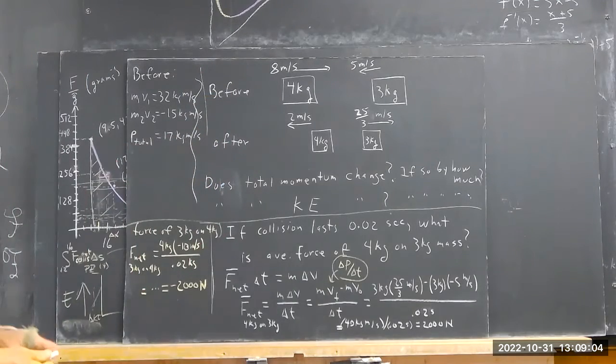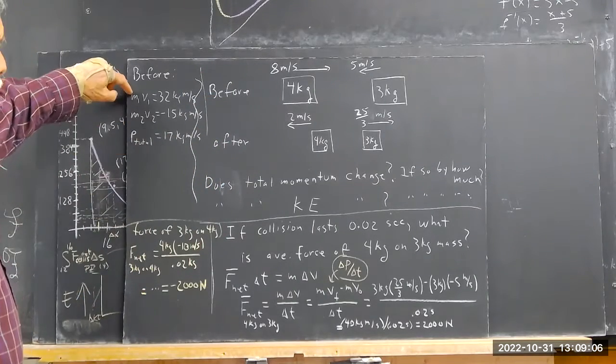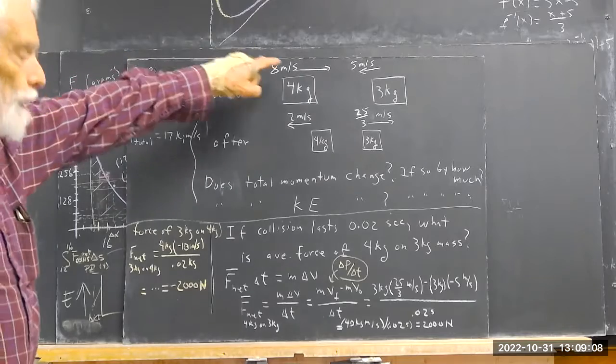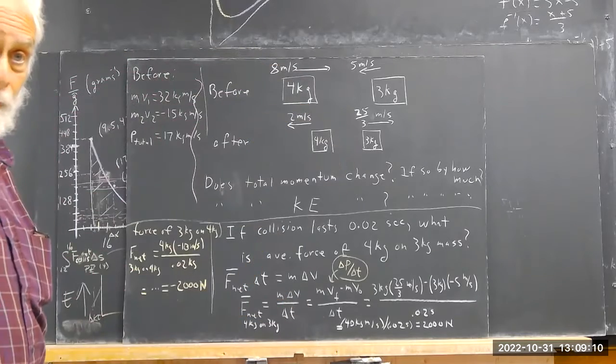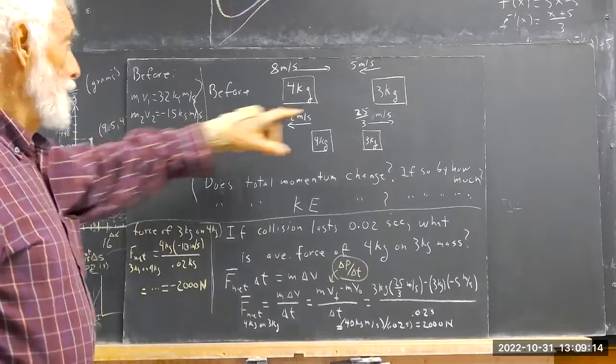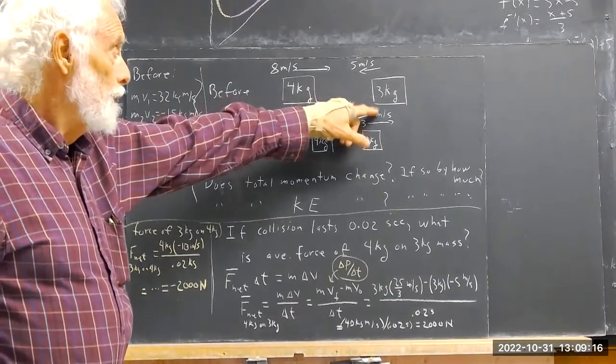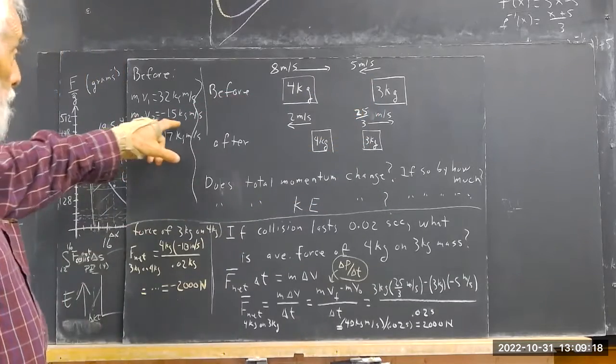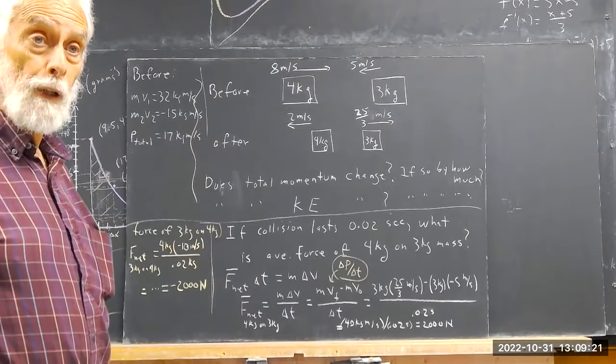Total momentum before collision. First mass, 8 meters per second times 4 kilograms, 32 kilogram meters per second. Second mass, 3 kilograms times negative 5 meters per second, negative 15 kilogram meters per second.